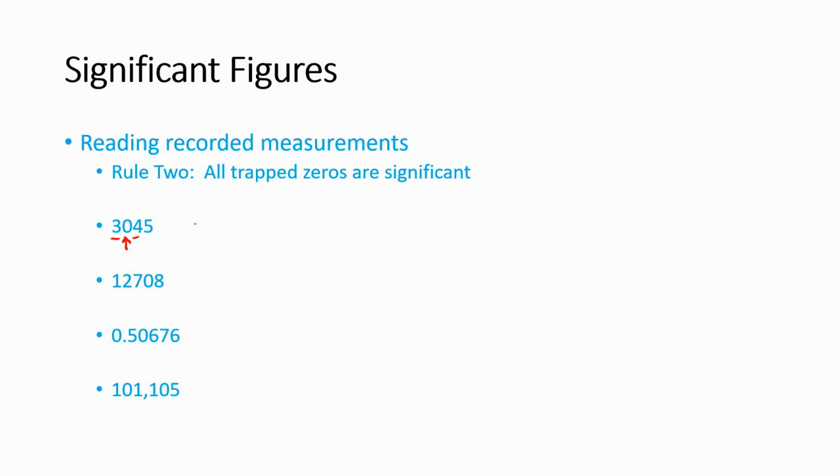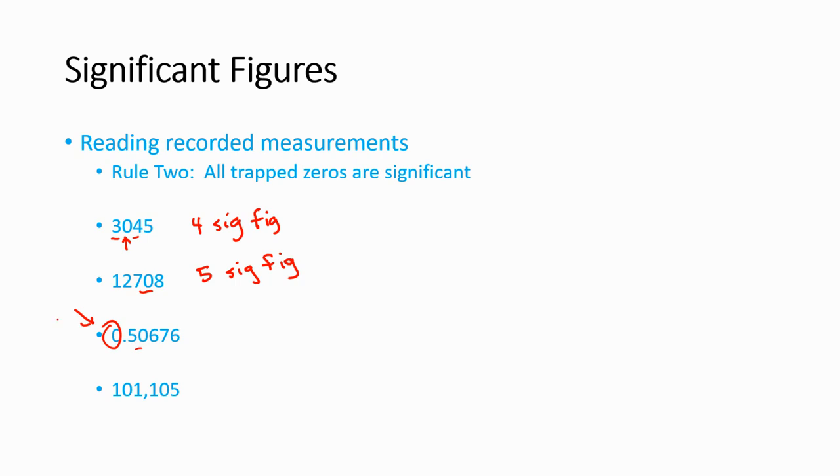3045 has four digits, one trapped zero. This has four significant figures in it. 12,708, one trapped zero, five significant figures. 0.50676, one trapped zero, one zero that's not trapped.